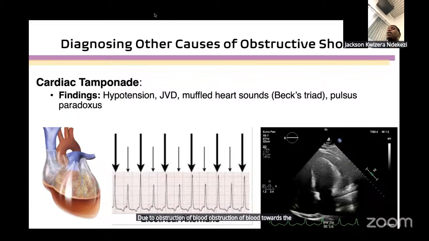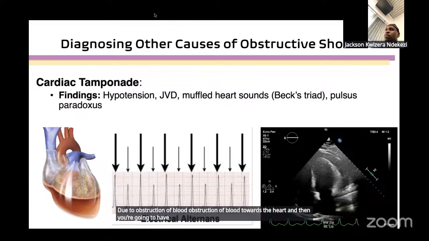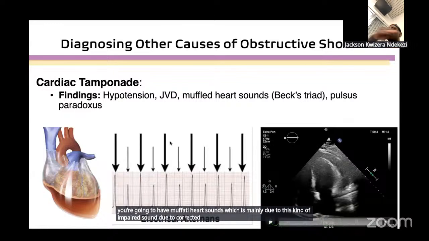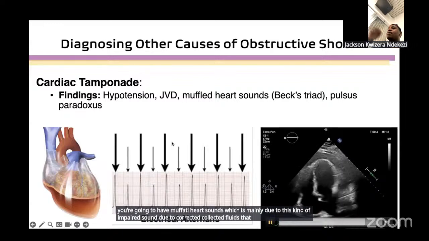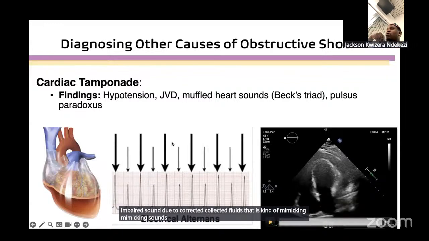And then you're going to have muffled heart sounds, which is mainly due to impaired sound from collected fluid. You can't hear sounds when you auscultate.